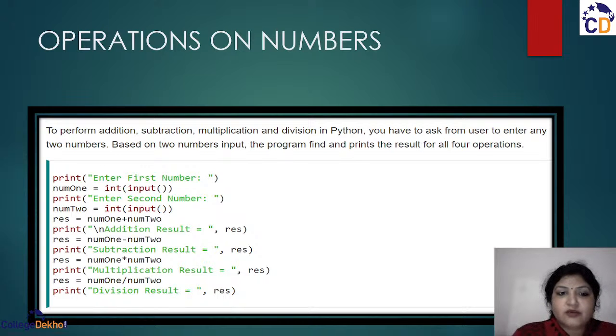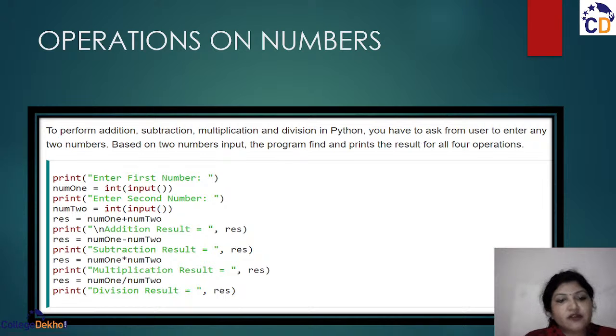Then print this variable with the message addition result. Then again, because it's a variable, we can change the value of res. We subtract the values, num1 minus num2, and print the difference on the screen, which is stored in the variable res.